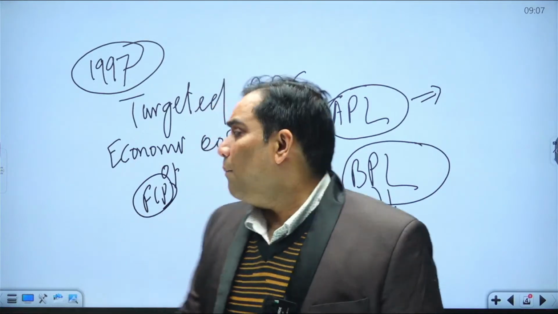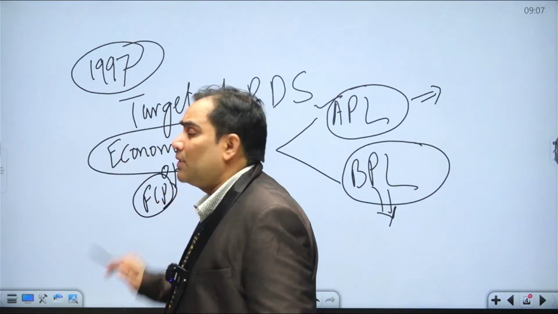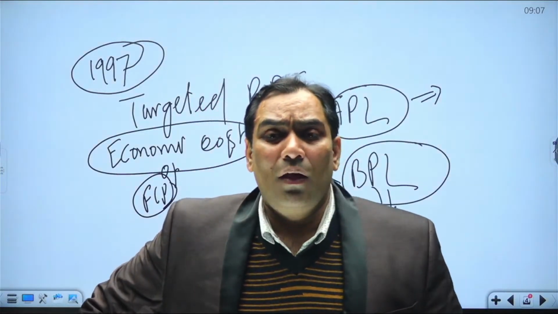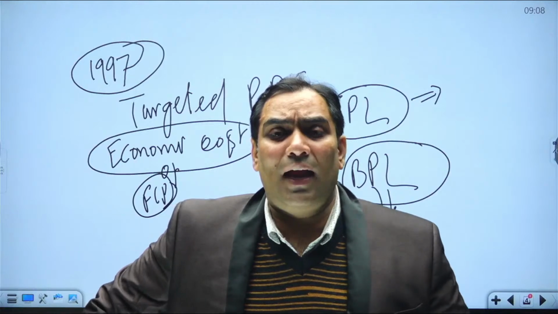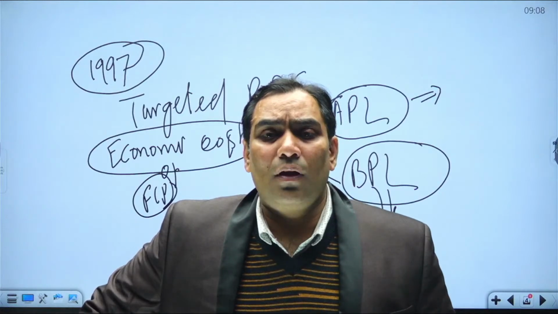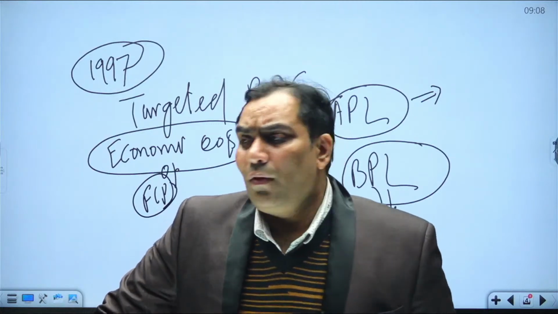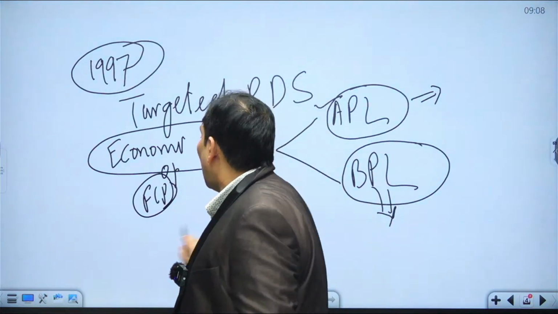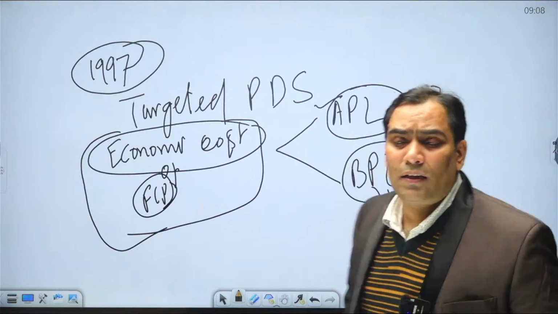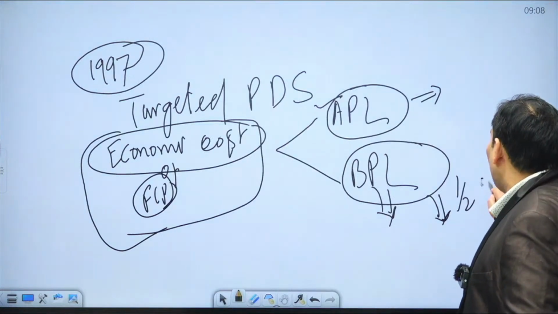So APL people were entitled to get the food grains through PDS at the economic cost of FCI. They were getting the food grains under the targeted PDS, which was made in 1997. APL people were entitled to get food grains under TPDS at the economic cost of FCI, and BPL people were entitled to get food grains under the TPDS at half of the economic cost of FCI.